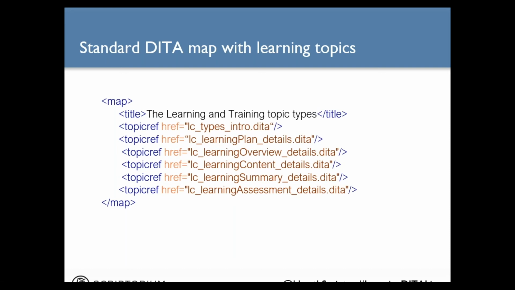But it's totally fine to do either way. For our learningandData.com course, we use standard maps with our learning content topic types referenced within them. So we do it, and it looks closer to this.